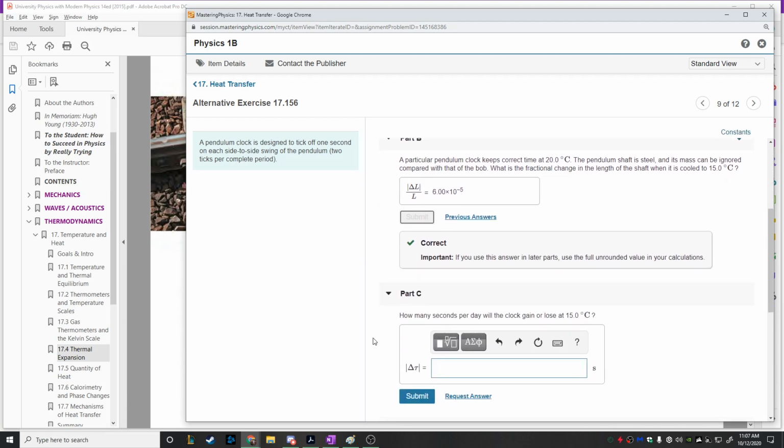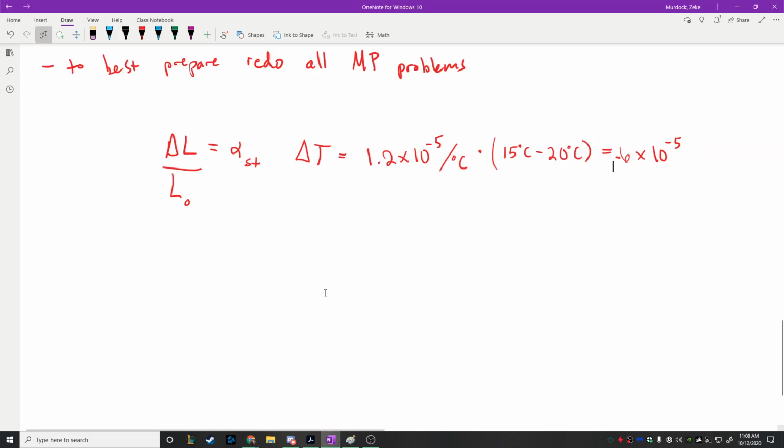How many seconds per day will the clock gain or lose at 50 degrees Celsius? Okay. So what equation do you need for that? You need the period of the pendulum, right? So I guess we could use the length here. We need to know seconds gain or loss per day.